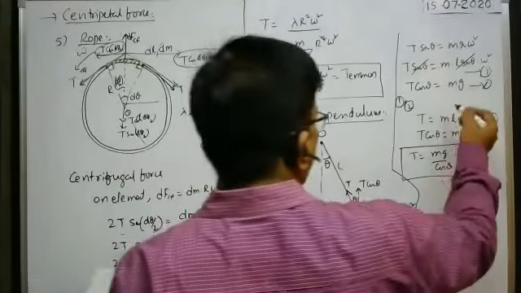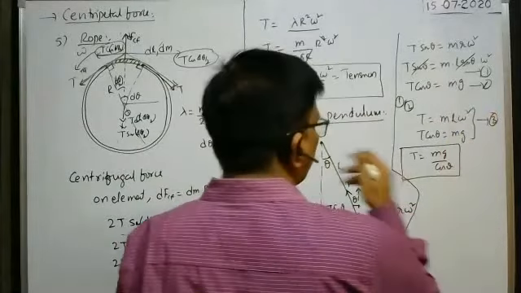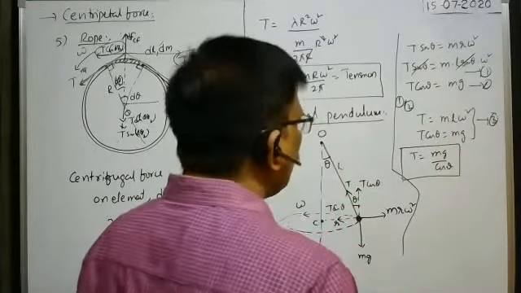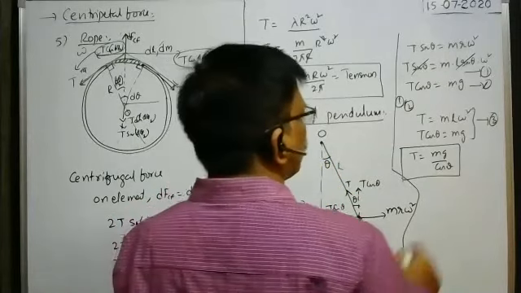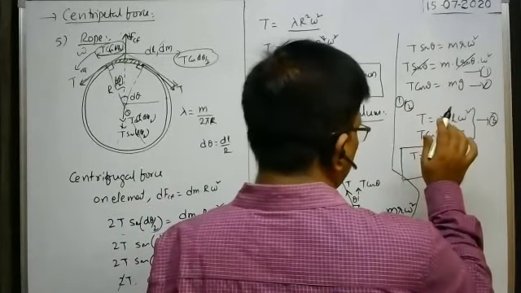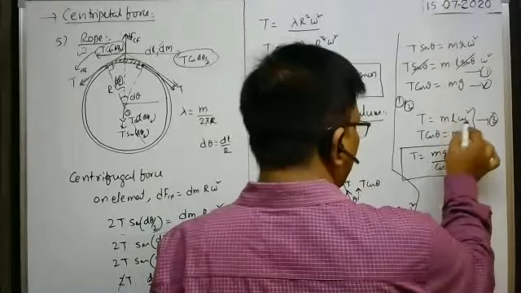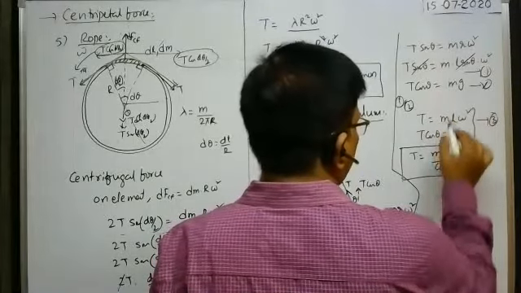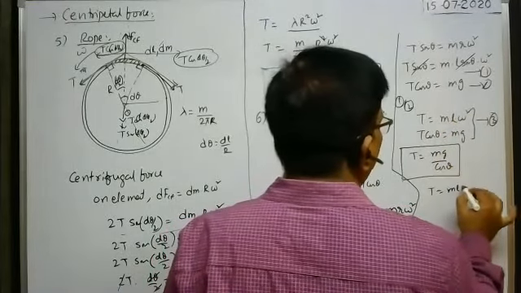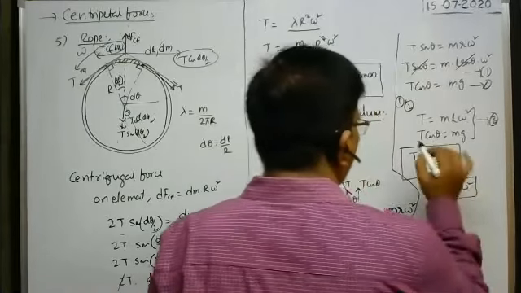What is the tension in the string in terms of L and omega? Tension in the string means we can write T is equal to m L omega square. These are the formulas.